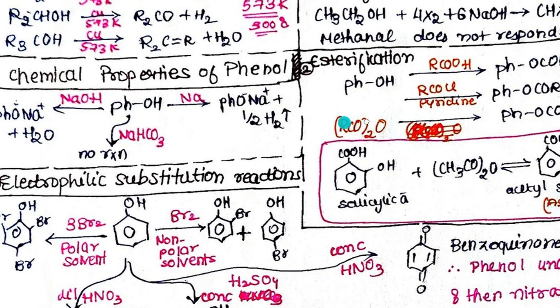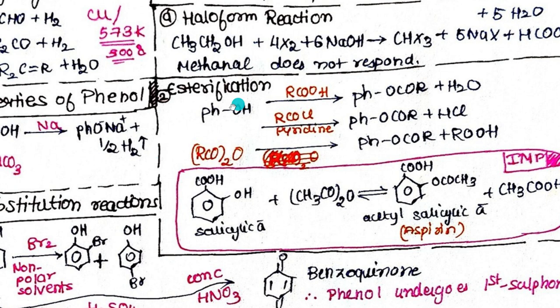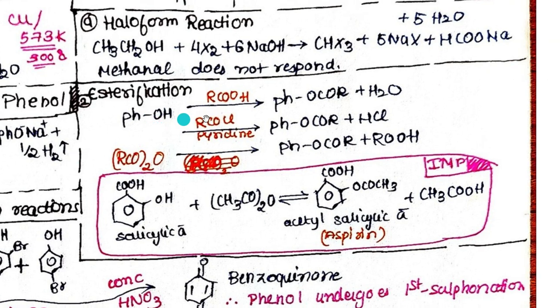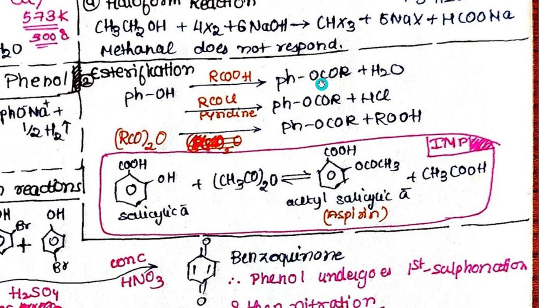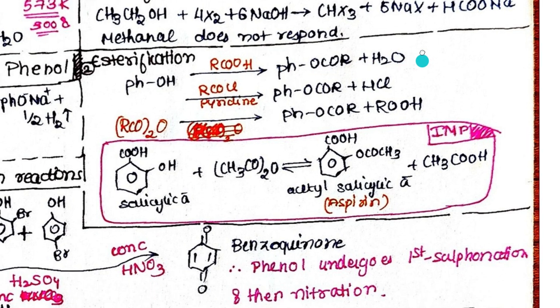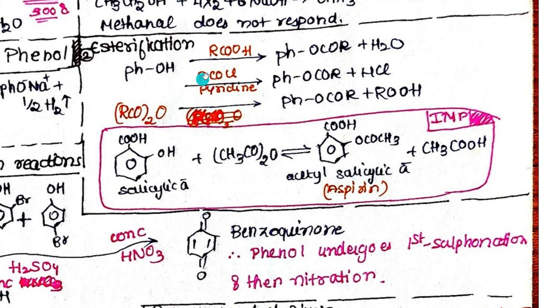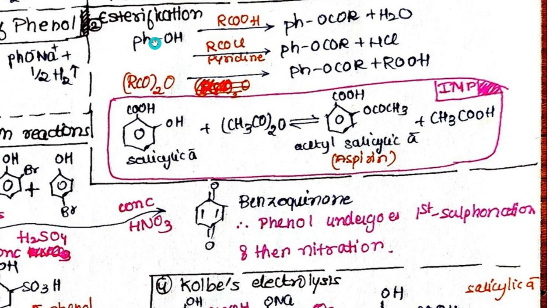Then we have the second, called esterification. Phenol on reaction with RCOOH will give PhOCOR plus H2O. On reaction with RCOCl and pyridine, it will give PhOCOR plus HCl. Then on reaction with (RCO)2O, it will give PhOCOR plus RCOOH, right?